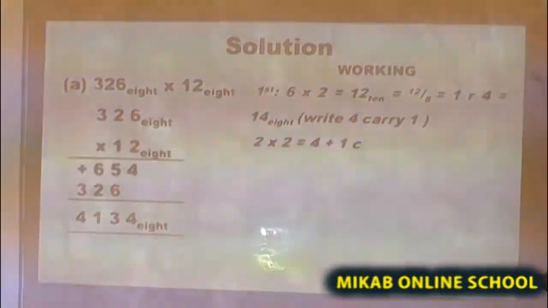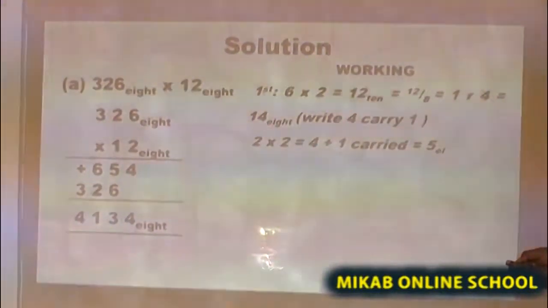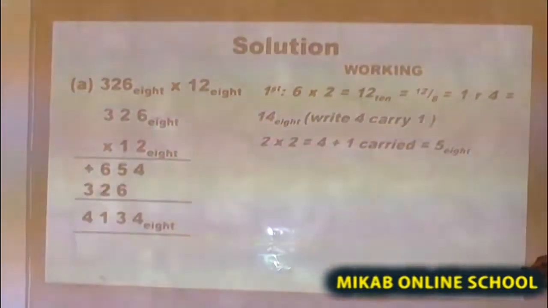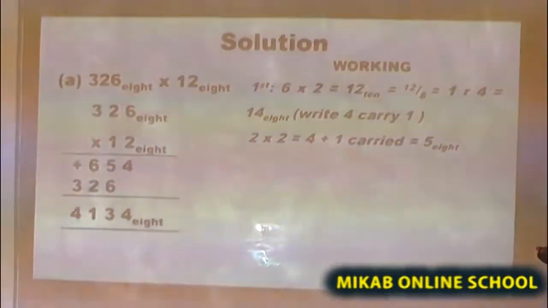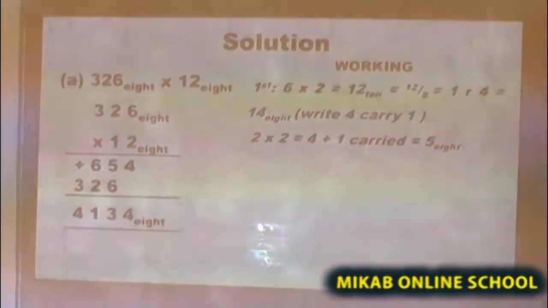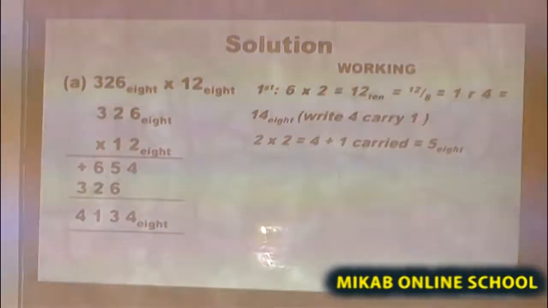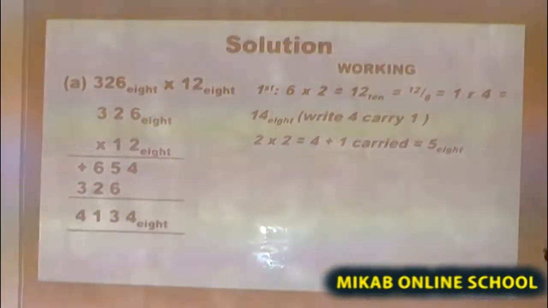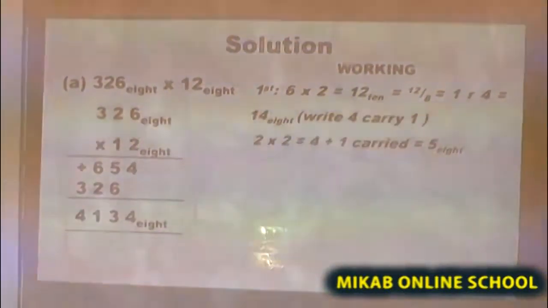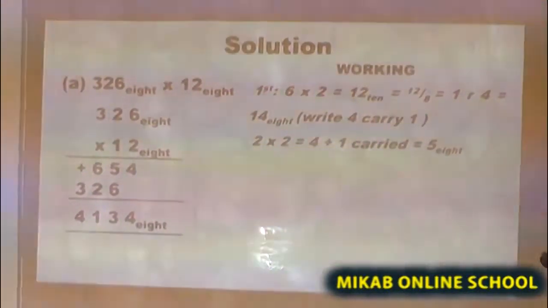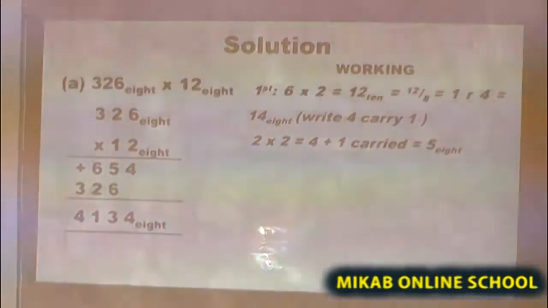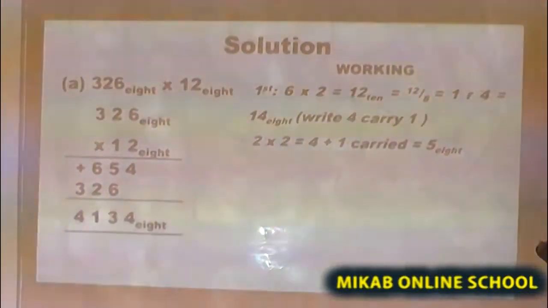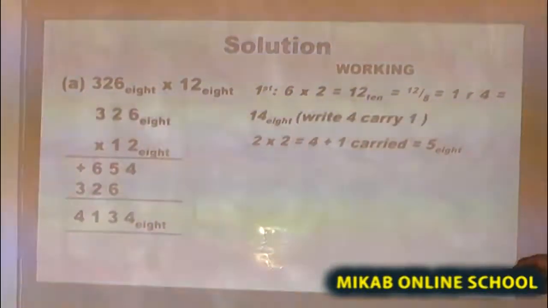Secondly, we have 2 multiplying this 2, which gives 4, plus the 1 we carried earlier. So 4 plus 1 gives 5. And mind you, 5 in base 10 is still 5 in base 8, because 5 is not more than or equal to 8.